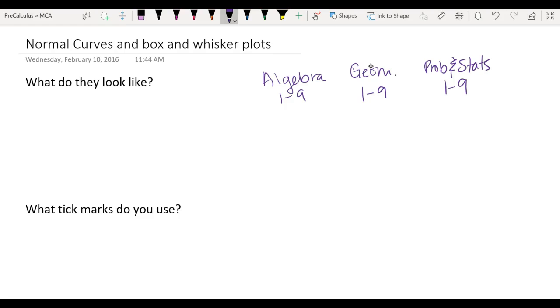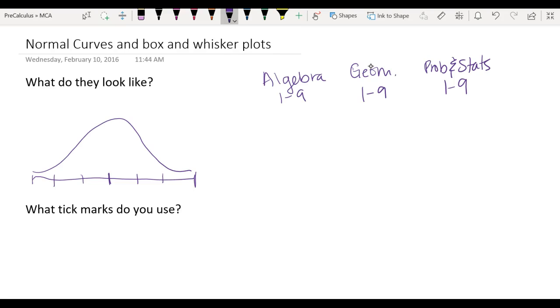Okay. So first of all, we're going to talk about normal curves. Normal curves look like just one hump. It's called a bell curve. Underneath it, there is a middle tick mark, and there are 2 tick marks out to the side.